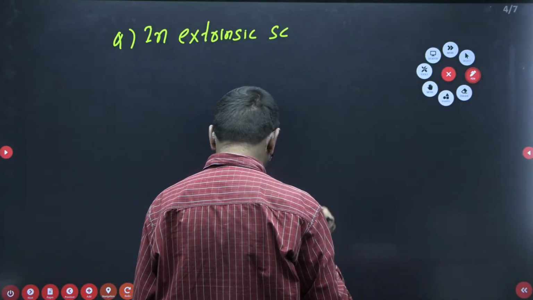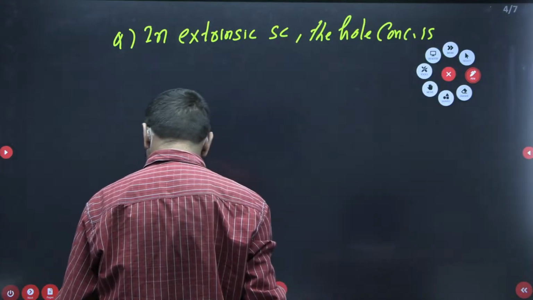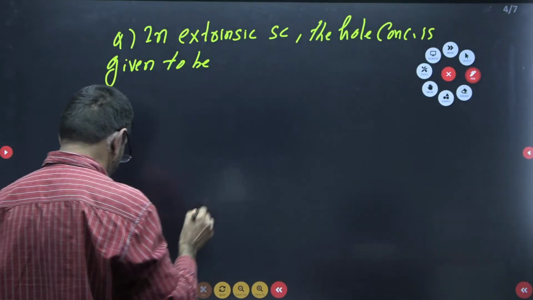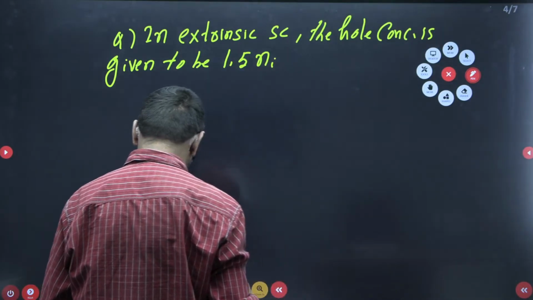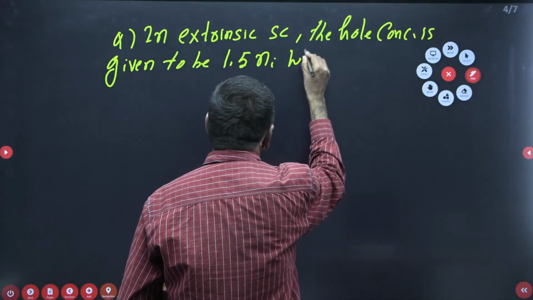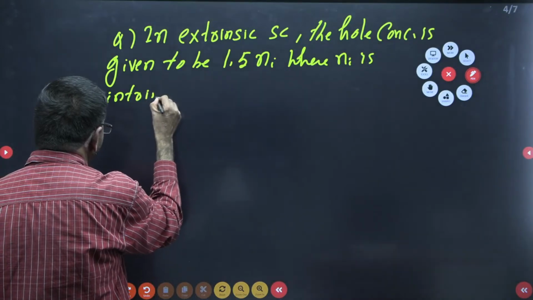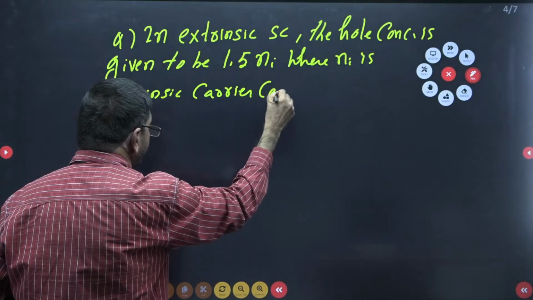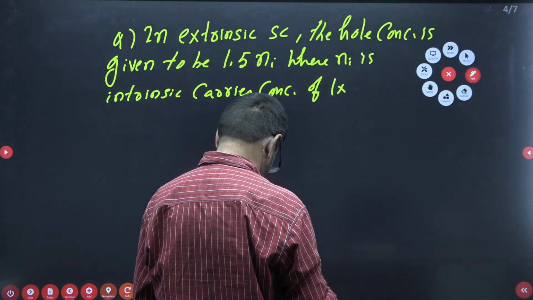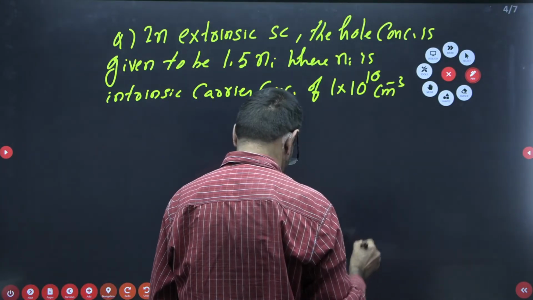In an extrinsic semiconductor, the hole concentration is given to be 1.5 Ni, where Ni is the intrinsic carrier concentration of 1 into 10 power 10 per cm cube.